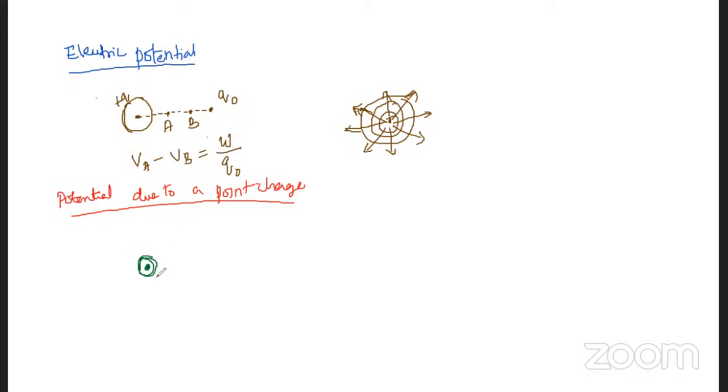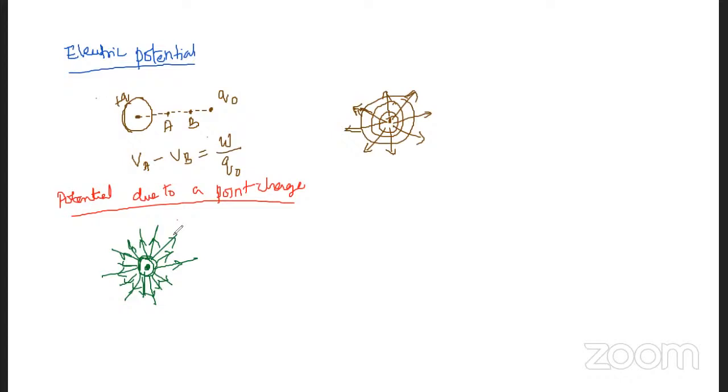We have already seen in the last class how the electric lines of force are distributed. So they are always away from the charge.